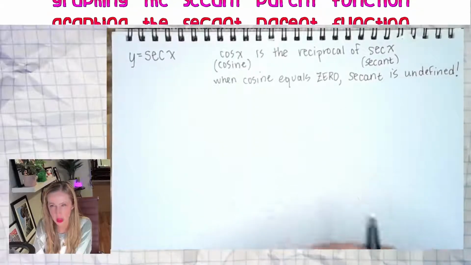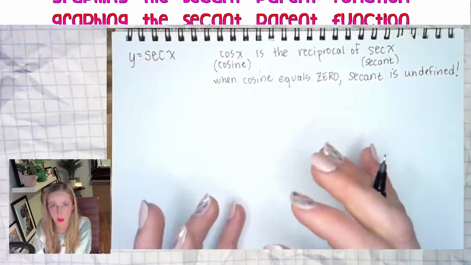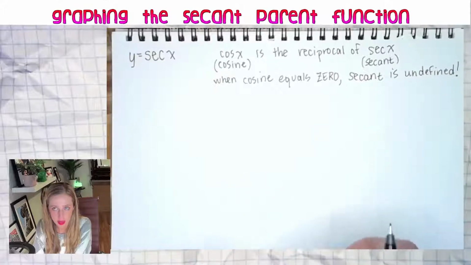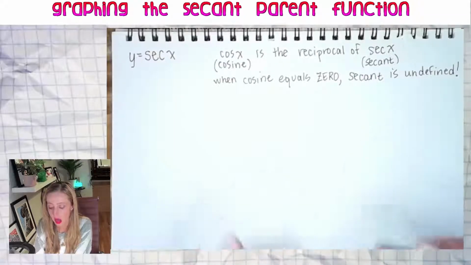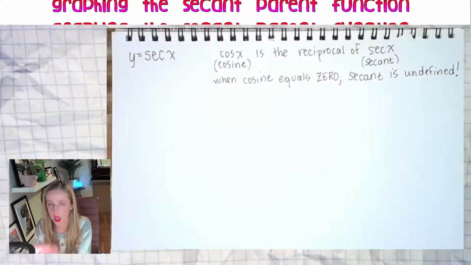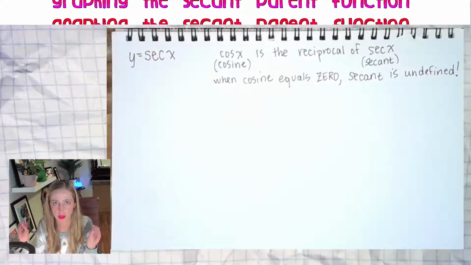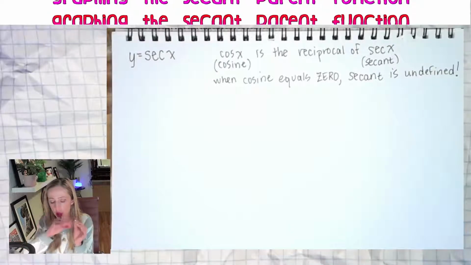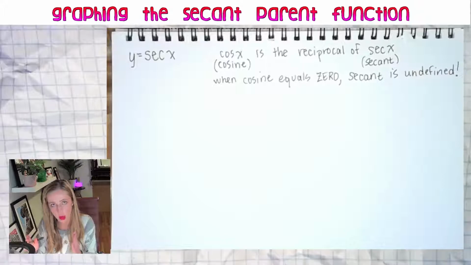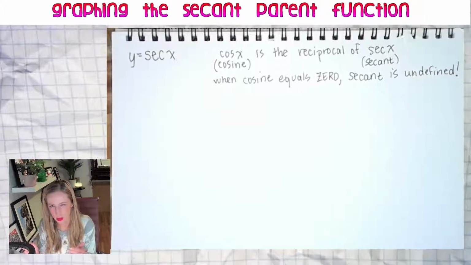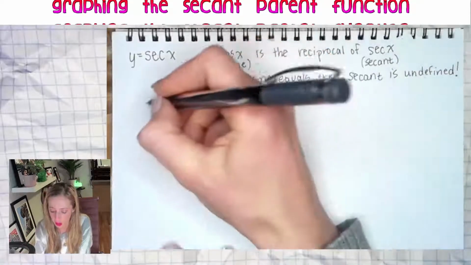Now, obviously, we can shift the entire graph up or down. If we do that by using k as anything other than 0, our x-intercepts are now our sinusoidal axis intercepts. So wherever cosine would have crossed the sinusoidal axis, secant will have vertical asymptotes. Comprende?